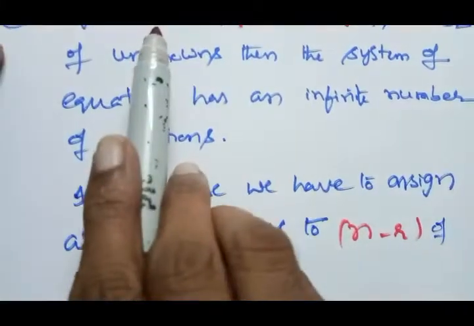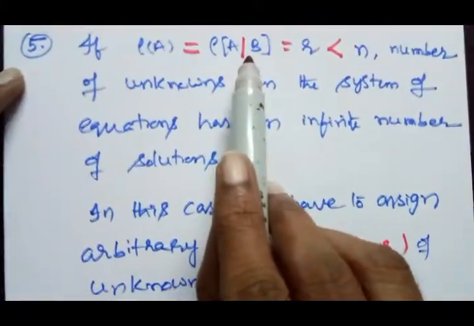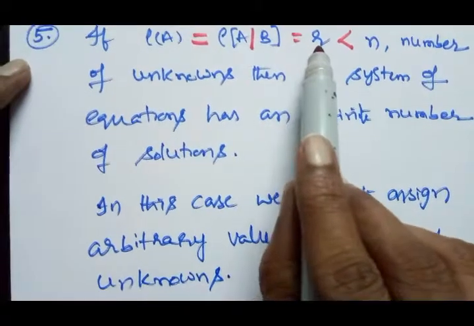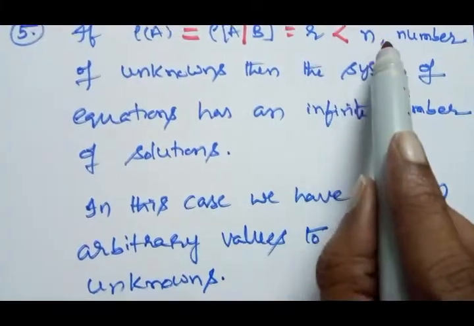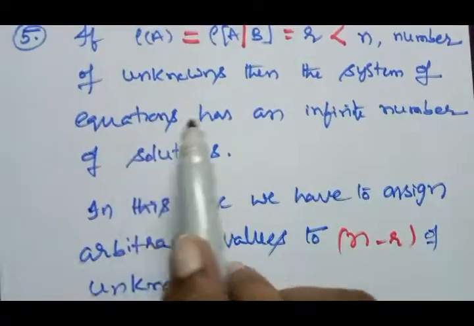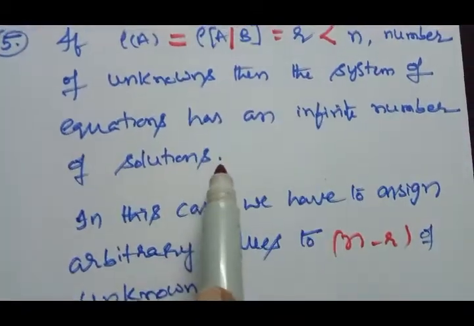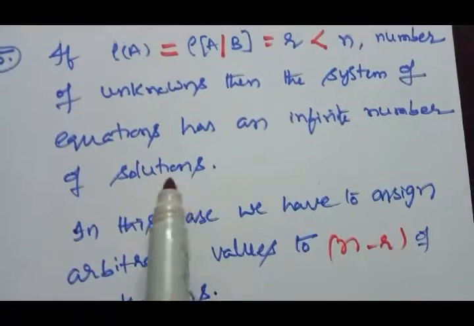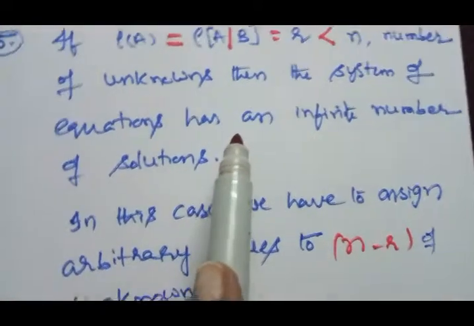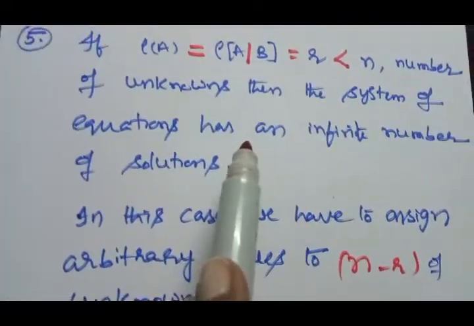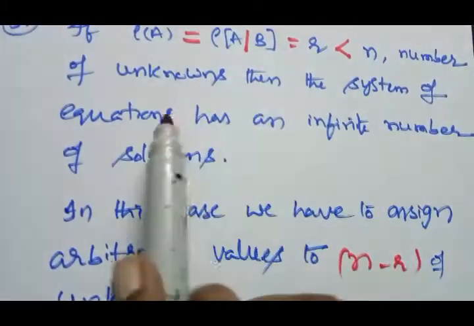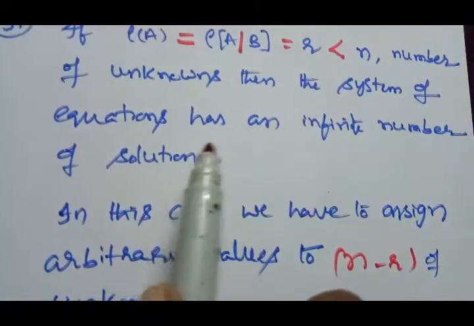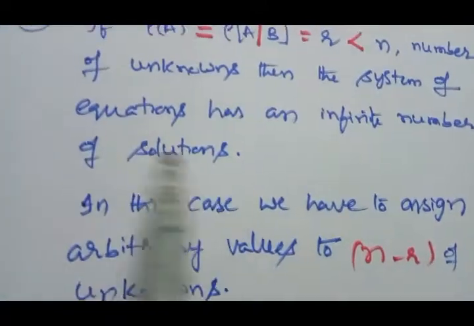So if rank of A is equal to rank of augmented matrix, the common rank is denoted by small r. If it is observed that this is less than the number of unknowns, then the system has an infinite number of solutions. It is a theoretical proof, so here there is no need of proof. We have to learn only the condition. In this case, the system has an infinite number of solutions.